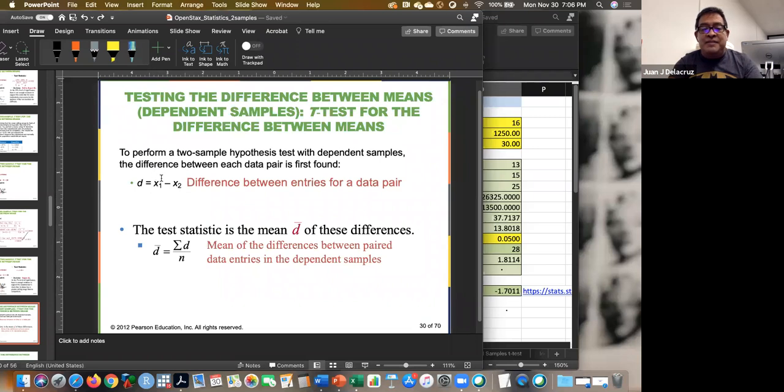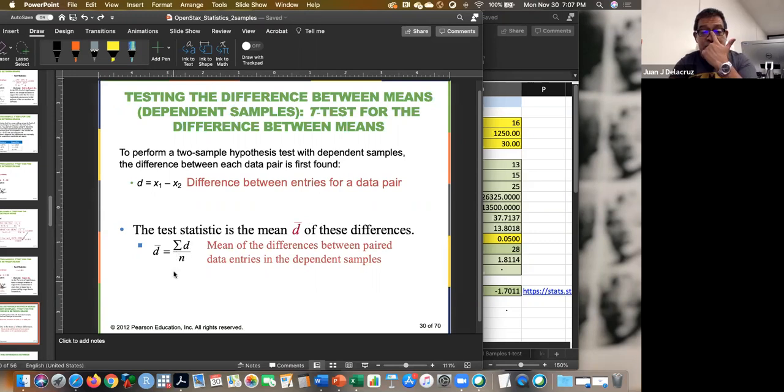For example, if I have a person who has 130 and then 120, I'm gonna measure the difference. For all the elements in my group, I'm gonna measure the difference, then I am gonna measure the mean of the differences. So D bar is gonna be the mean of the differences, which is equal to the summation of the differences divided by the sample size.